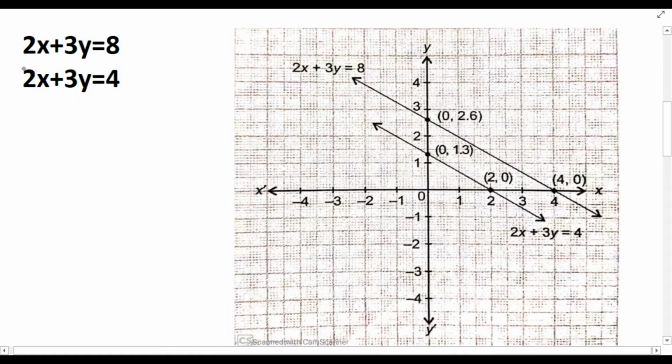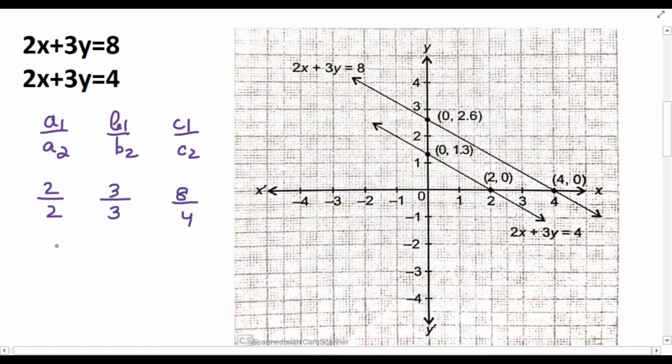Now consider the next equations: 2x plus 3y equal to 8 and 2x plus 3y equal to 4. When I drew the graph, I got two parallel lines. So we will compare the coefficients a1 by a2, b1 by b2 and c1 by c2. a1 by a2 is 2 by 2, b1 by b2 is 3 by 3 and c1 by c2 is 8 by 4.